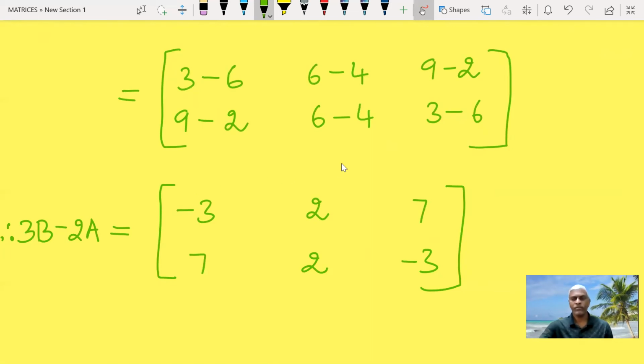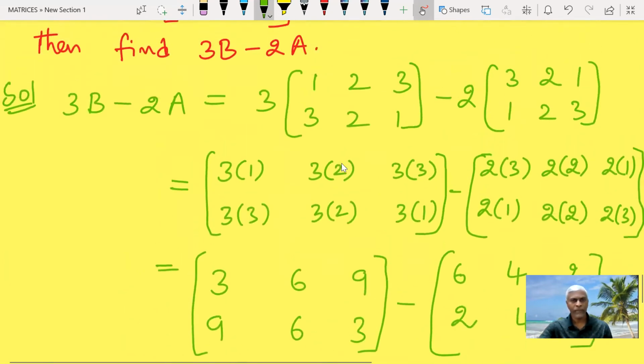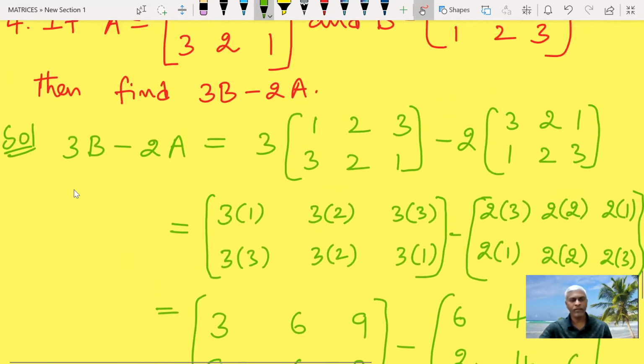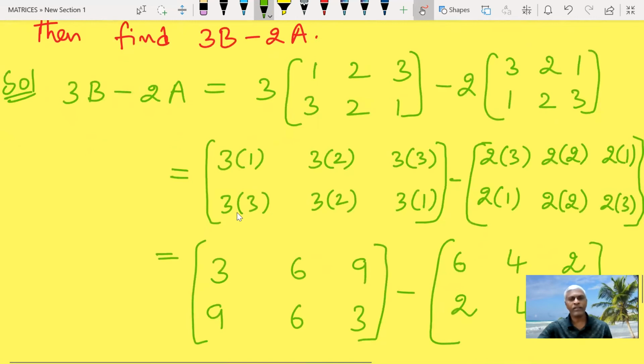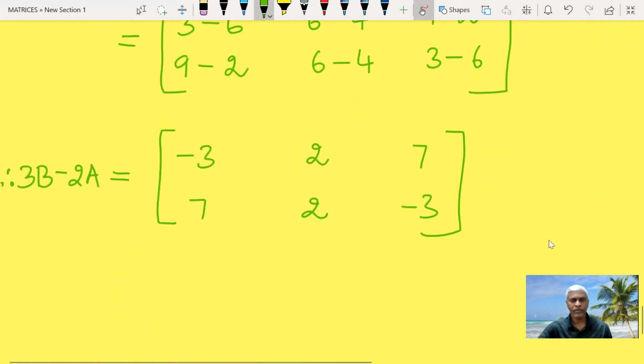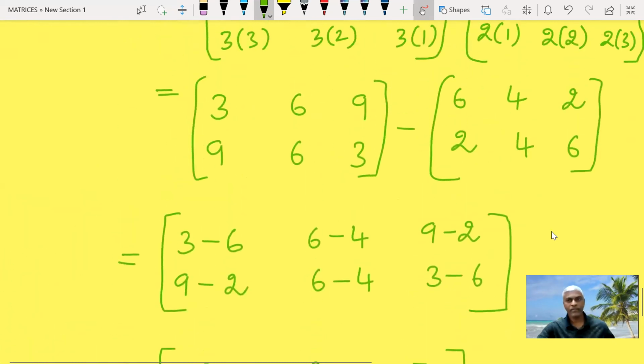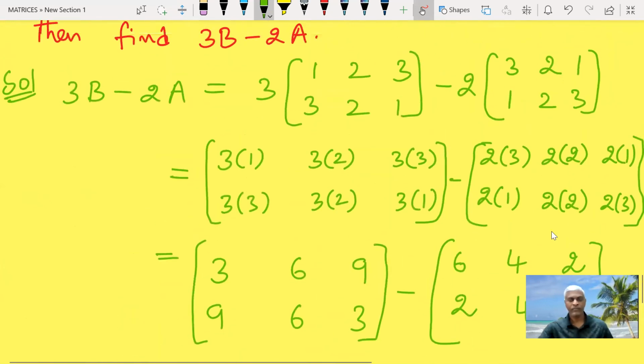We can learn these two things from this problem: multiplying a matrix with a number, that is scalar multiplication of a matrix, and subtraction of two matrices. So very simple and easy. With this, we complete the first exercise from the textbook.